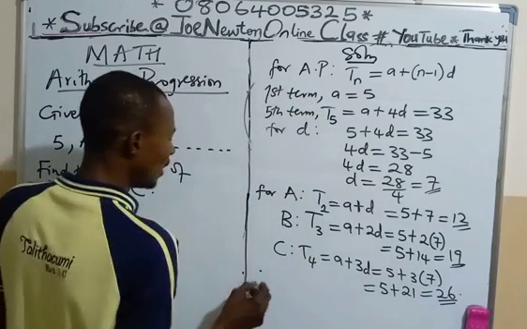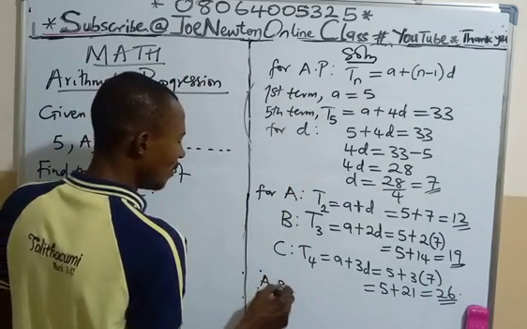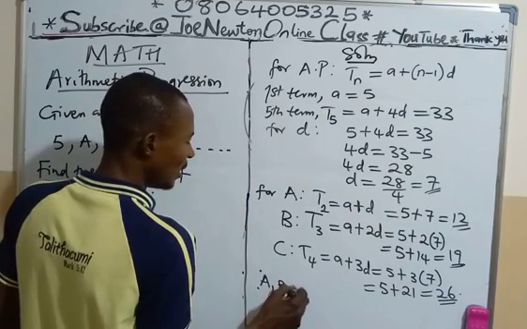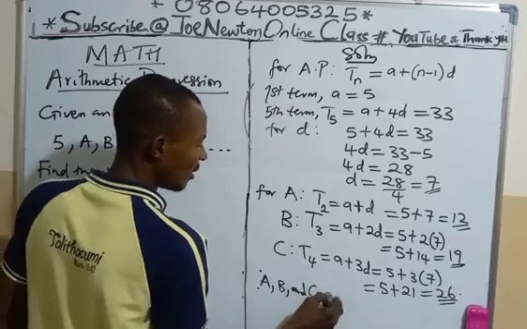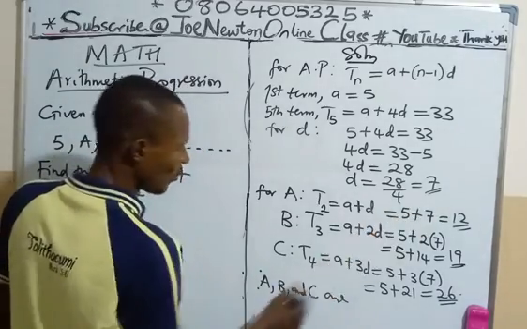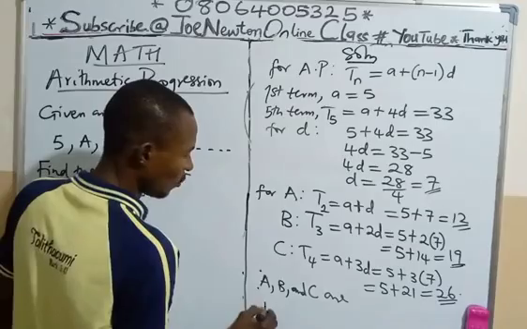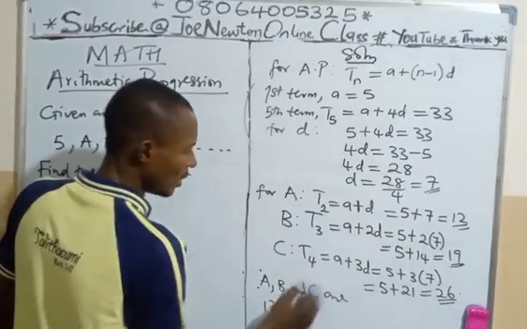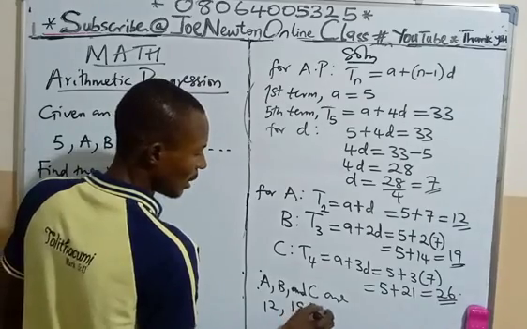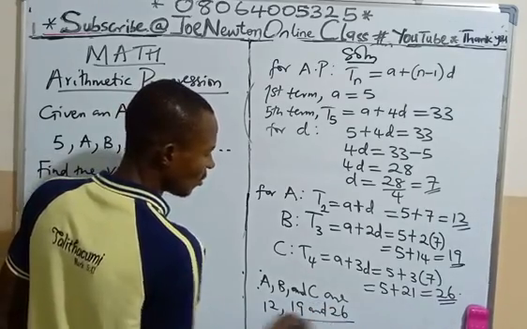So our values A, B, and C are 12, 19, and 26 respectively.